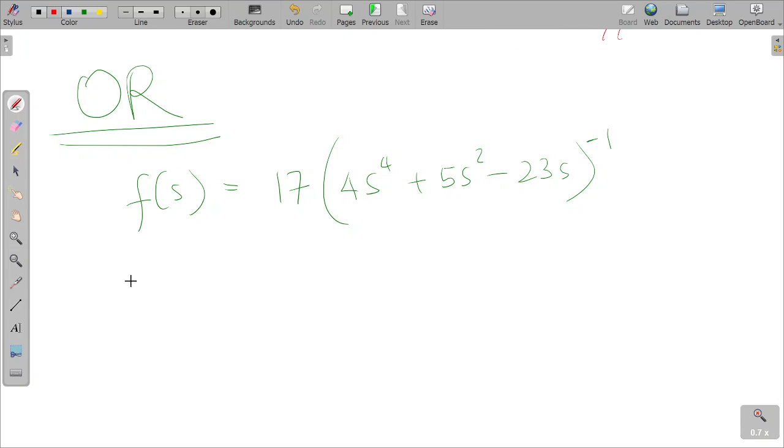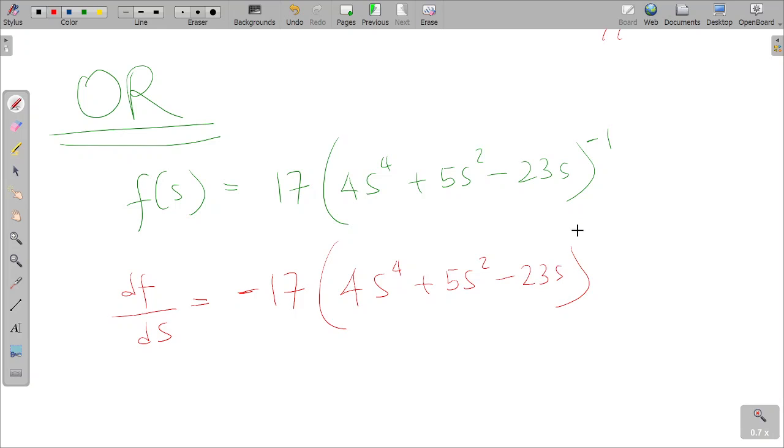So to find df over ds, we can use chain rule. How do we do that? Bring this down to become minus 17. Your inner function will remain the same first. You are deriving the outer function first.